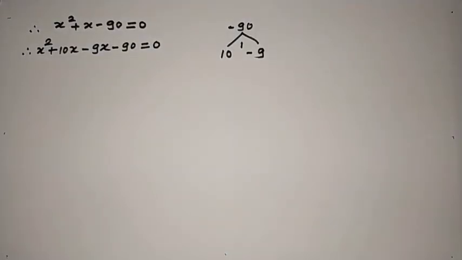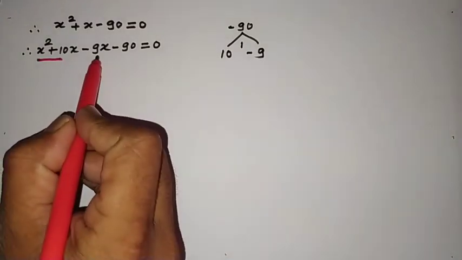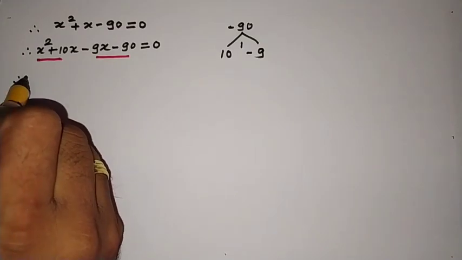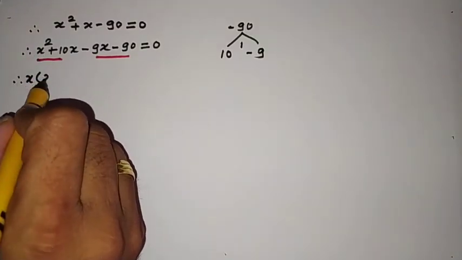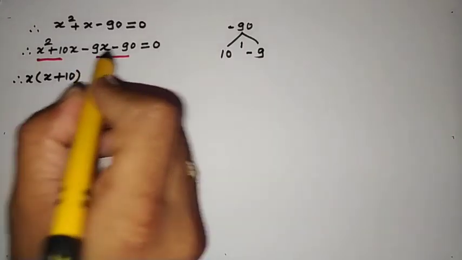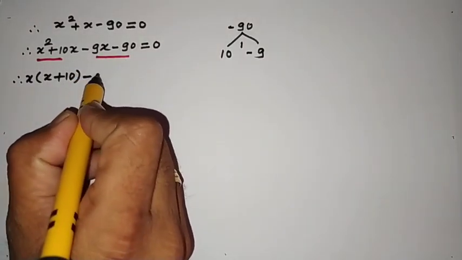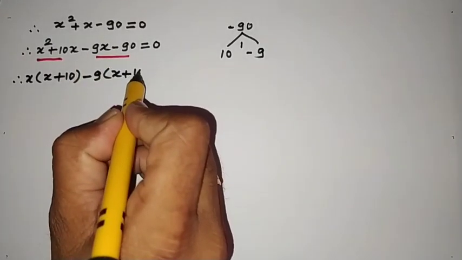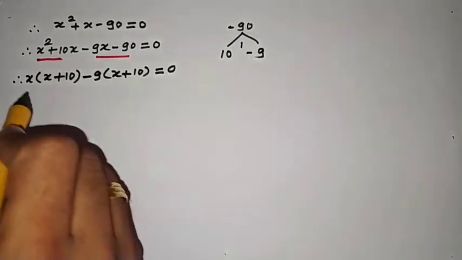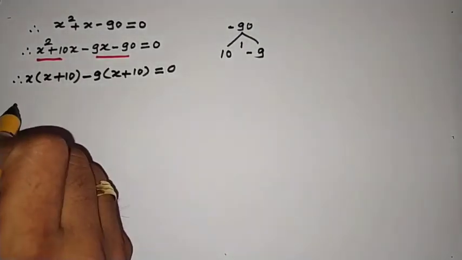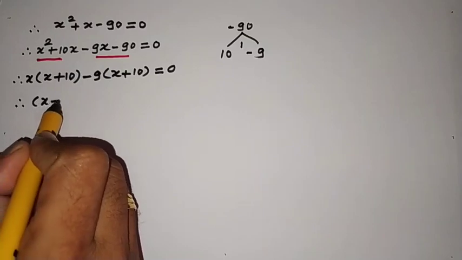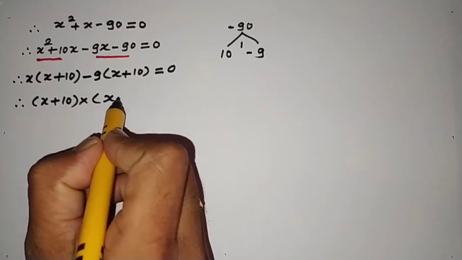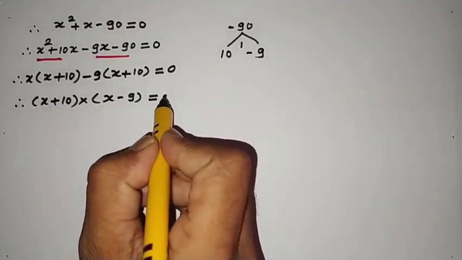Find out the common factor of the first two terms and the second two terms. First two terms common factor is x, the remaining part in bracket x plus 10, and second two terms common factor is minus 9, remaining in bracket x plus 10. Here the two brackets are same, x plus 10 and x plus 10, take x plus 10 common. In the second bracket remaining x minus 9 is equal to 0.